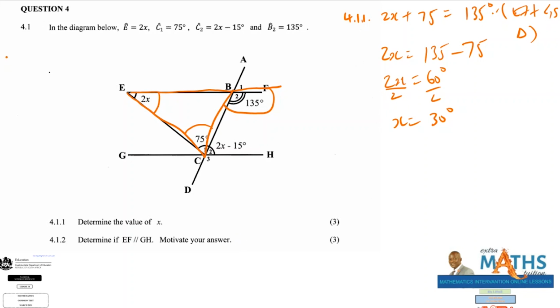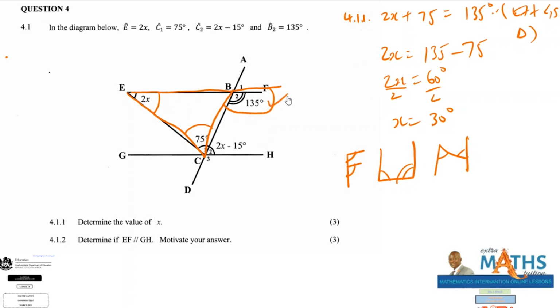When they say determine whether your lines are parallel, it means one of the following statements should take place. It's either we need to prove whether we have any corresponding angles, any co-interior angles, or any alternate angles.